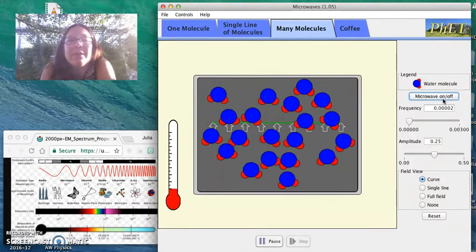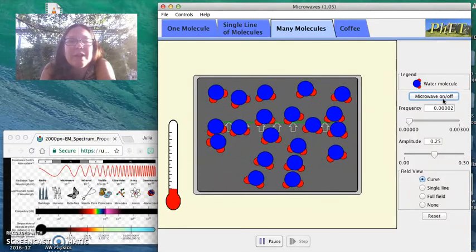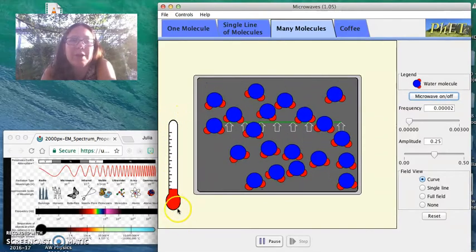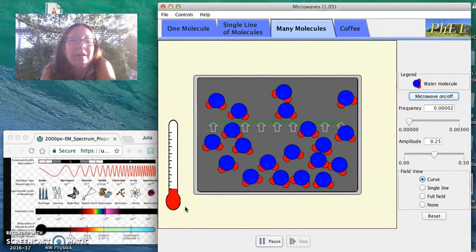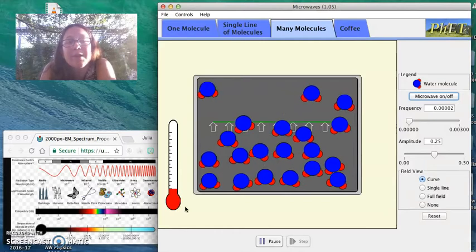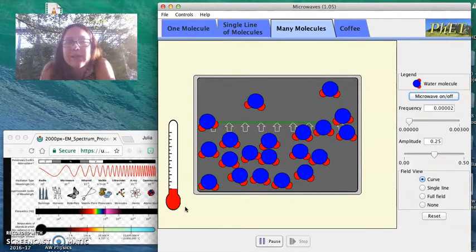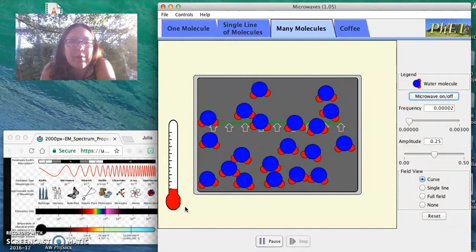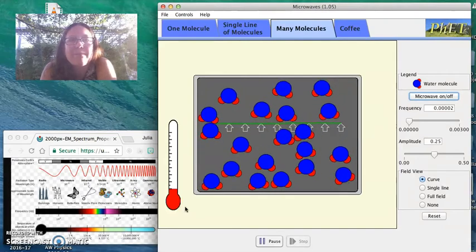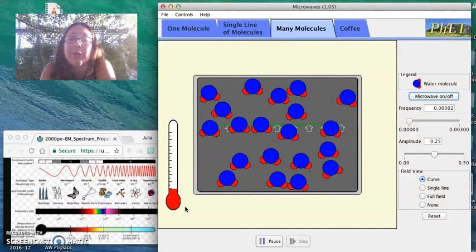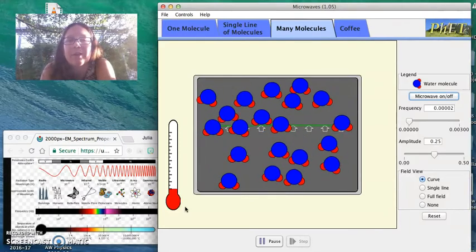So you can see that even though these water molecules are getting a little bit of energy, it's nowhere like it was before, and so our temperature gauge really hasn't changed much, and so our body really isn't heating up. So thank goodness, microwaves are just a range of frequencies, and one specific frequency, the one that matches the size of the water molecules, are what we can use in a microwave oven, and other wavelengths, other frequencies of microwave we can use for other purposes, but that won't affect our bodies.